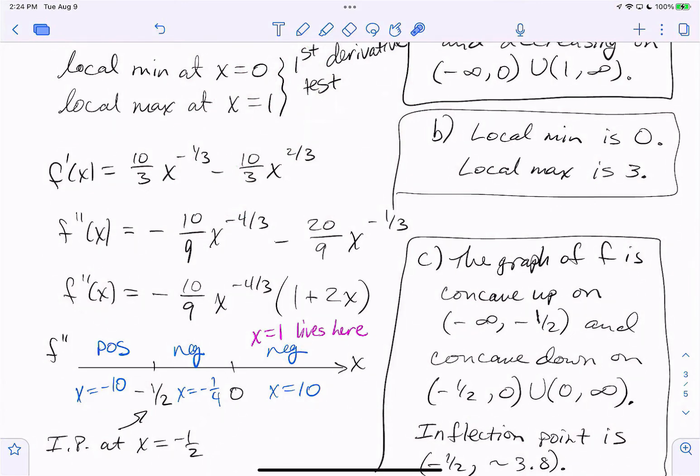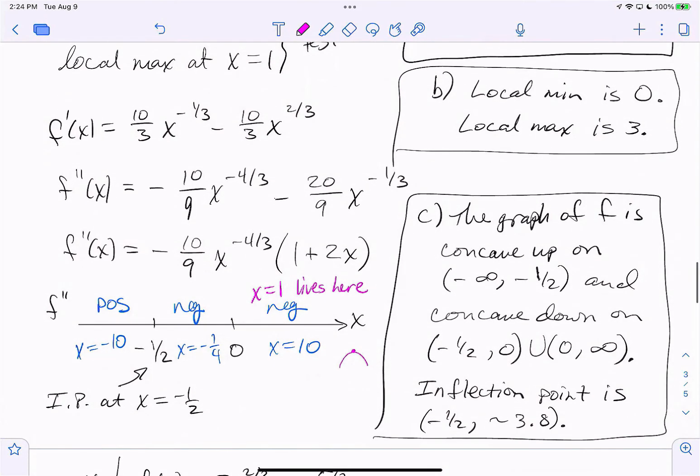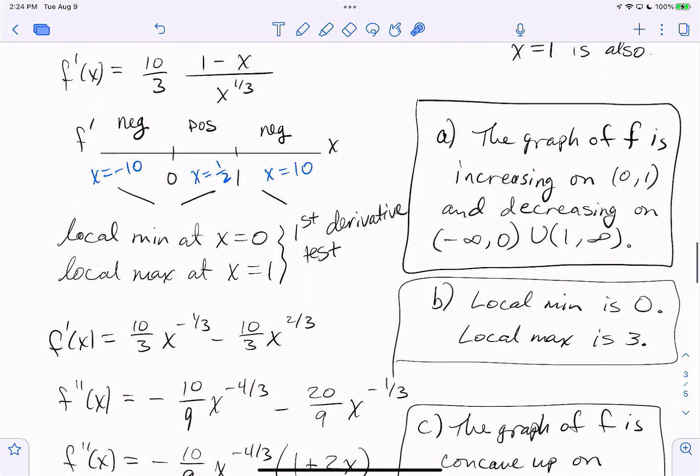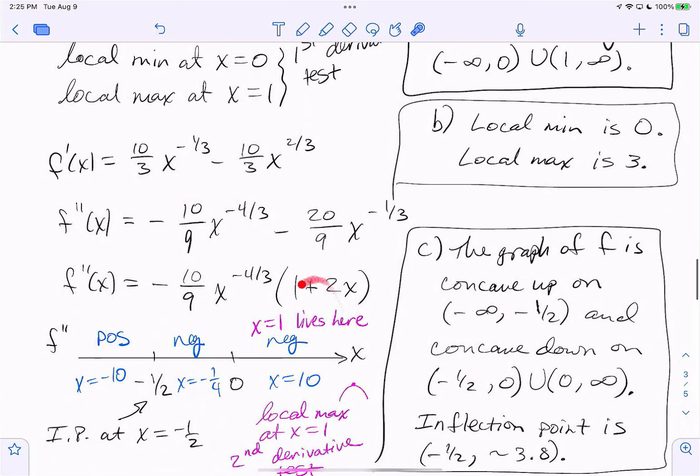If I've got a critical number on an interval that's concave down, remember, concave down looks like a cup upside down, then I have a local max. And if I'm using concavity to answer that, then that's the second derivative test. Notice I get the same answer from the first derivative and the second derivative test.